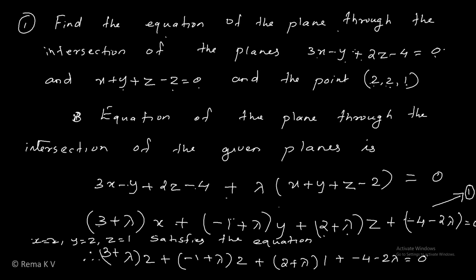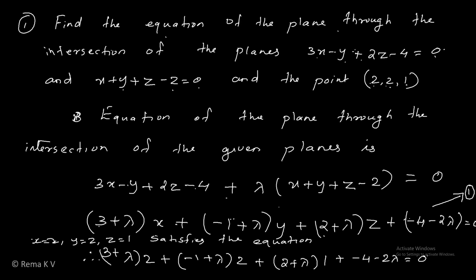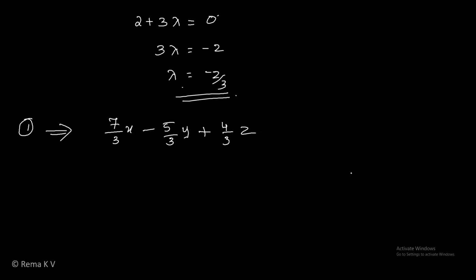Then third one, plus 4 by 3z, and here it becomes plus 8 by 3 equal to 0.